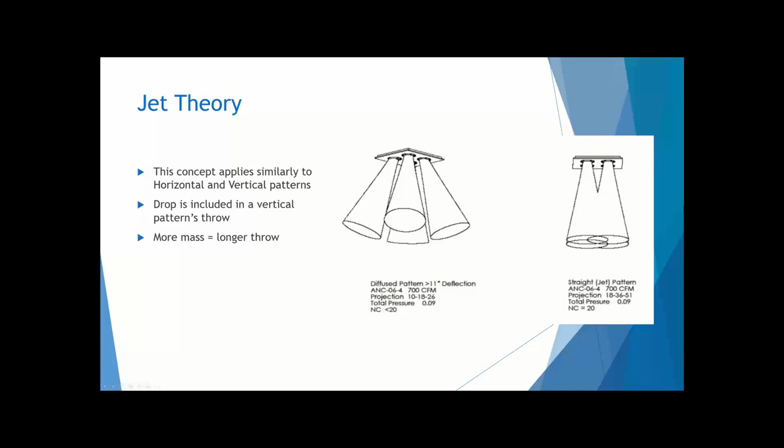Look at this example here, you have a 10, an 18, and a 26. At 10 feet, it's going to be 400 feet per minute. At 18 feet, it's going to be 200 feet per minute. And then at 26 feet, it'll be 100 feet per minute. So that's the distance at which it will be a certain velocity.